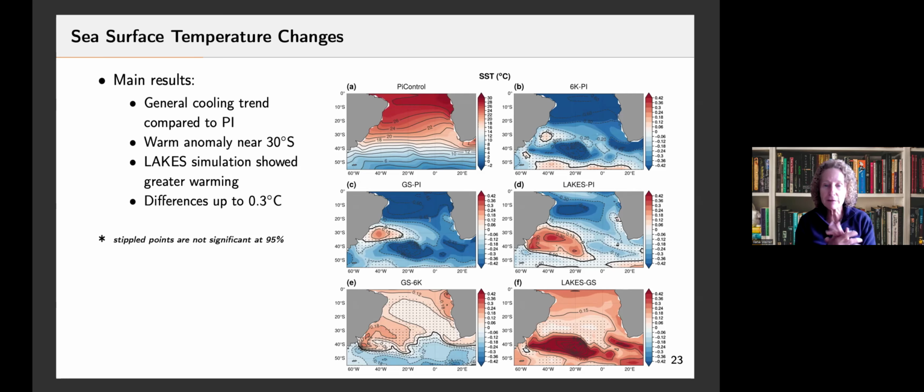And then we can see the difference relative to each of these different experiments. In C, we have the difference relative to the PI control of the Green Sahara experiments. And remember, the GS is where we had the prescribed vegetation, and we have the lakes a little bit increased as well.